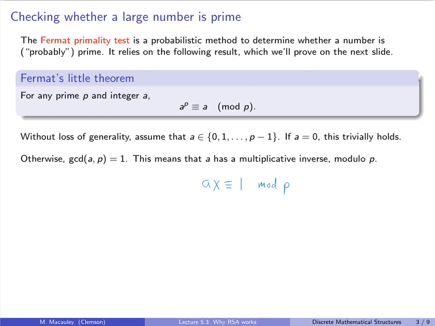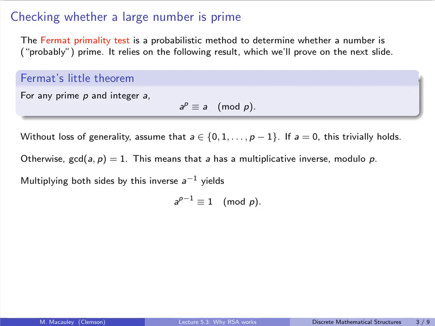So in other words, we can find an x and a y so that ax plus py equals the GCD of a and p, which is 1. And then if we take this entire thing and reduce it mod p, this term goes away, and we get that ax is equivalent to 1 mod p.